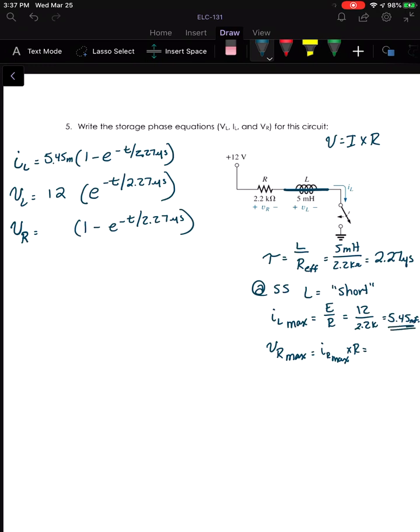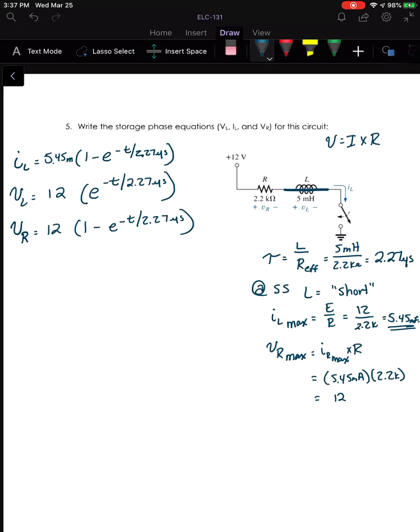So if IR max is 5.45 milliamps, and we have a 2.2 k ohm resistor, then we're going to end up at 12 volts there.